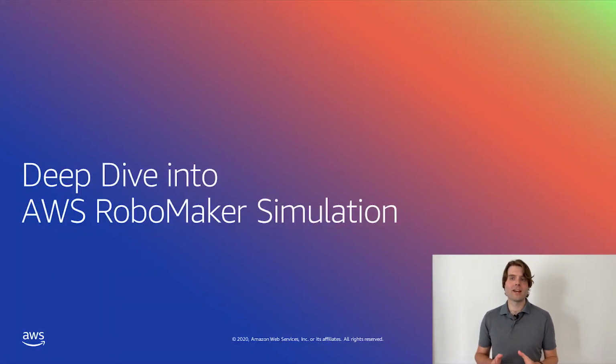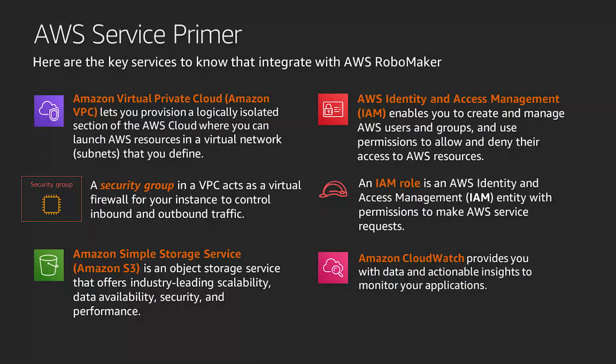AWS RoboMaker was designed to help developers solve these challenges. Let's deep dive. All right, but before we do, here's one of those AWS service primers. Here are a couple of the key services to know. First, Amazon Virtual Private Cloud, VPC, enables customers to define their own virtual networks in the cloud. You can easily define subnets and firewall rules through security groups that enable customers to securely run their resources in the cloud.